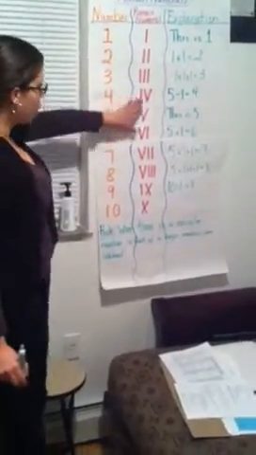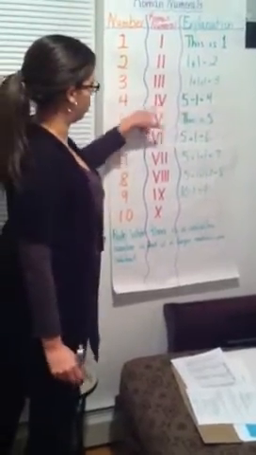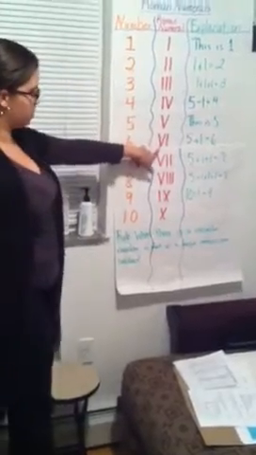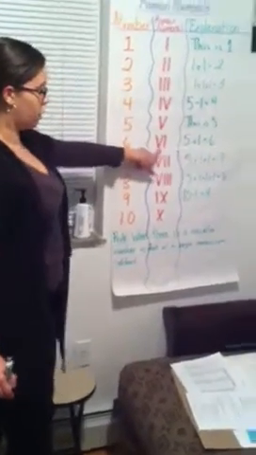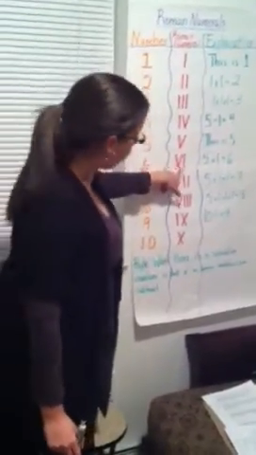So for 4, we are subtracting, 5 minus 1 equals 4, right? And what are we doing for 6? We're adding. So when there is a symbol to the right of the number, you are adding.